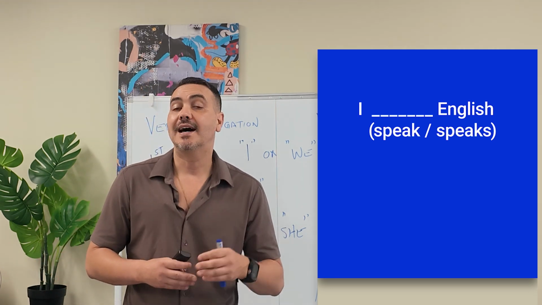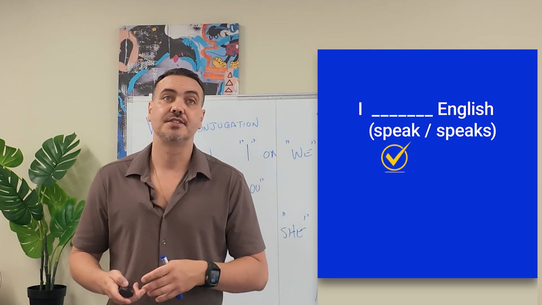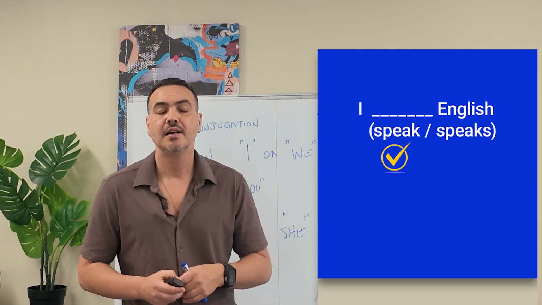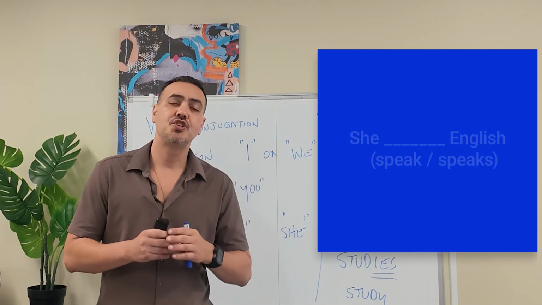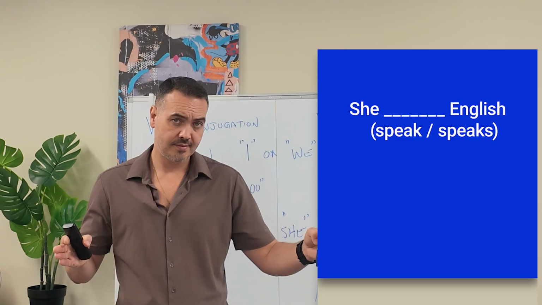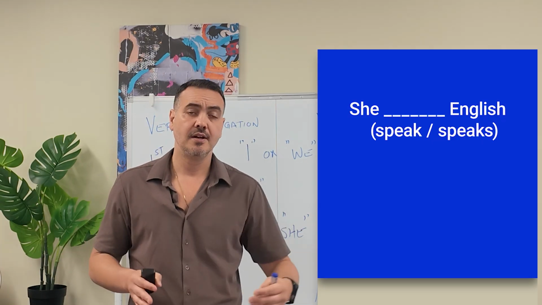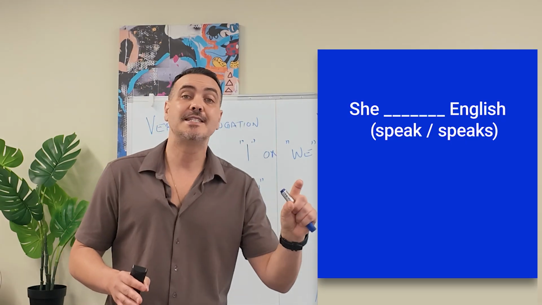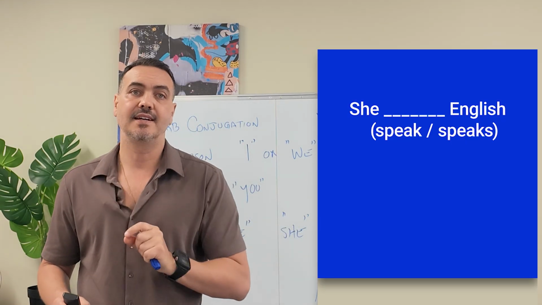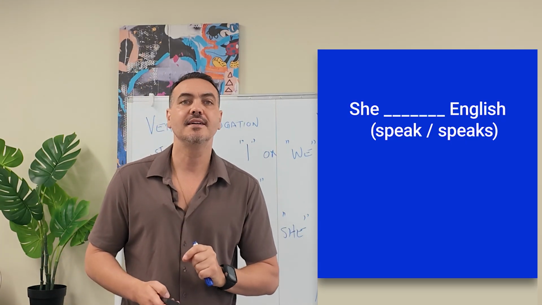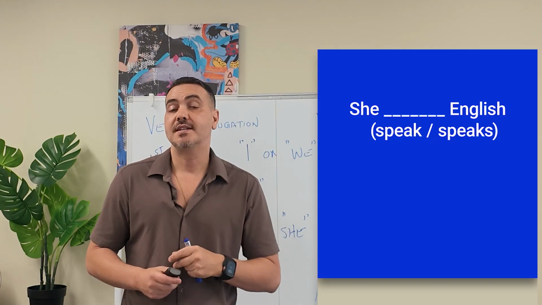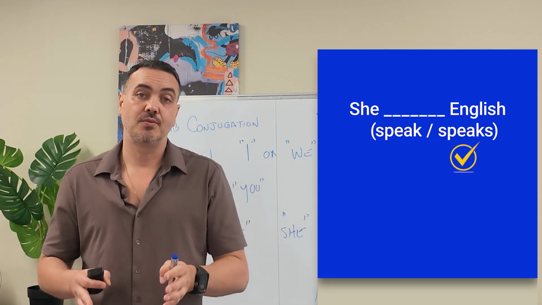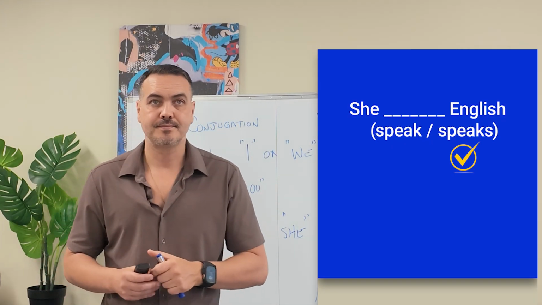So you would say I speak English, okay? Now try this one. She, English. Would you say she speak English or she speaks English? Okay? The answer, of course, is she speaks with an S at the end.